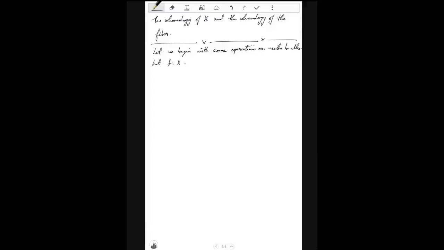Let f from X to Y be a smooth map, and let E to Y be a vector bundle.